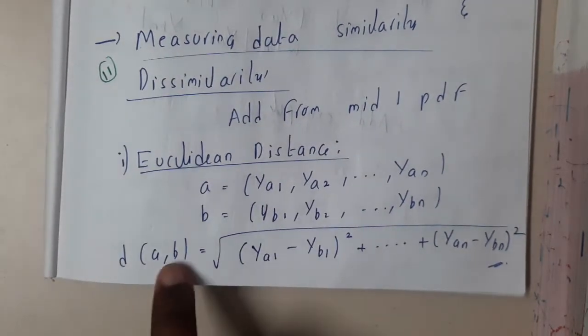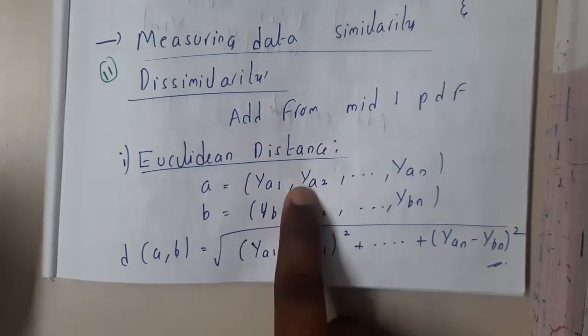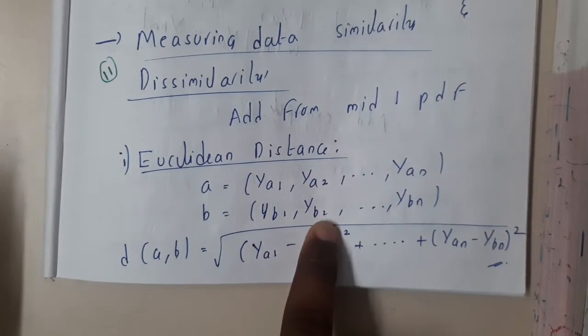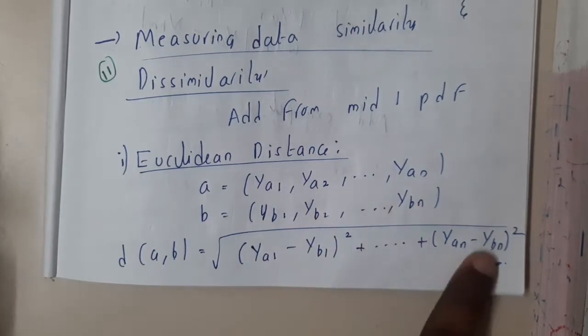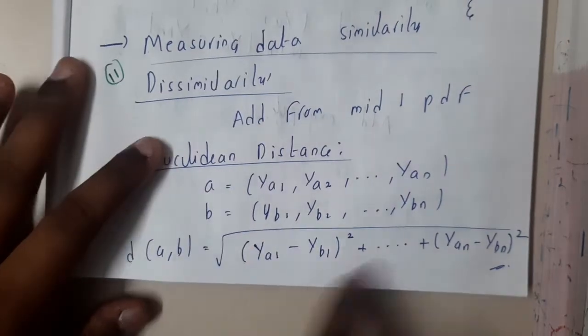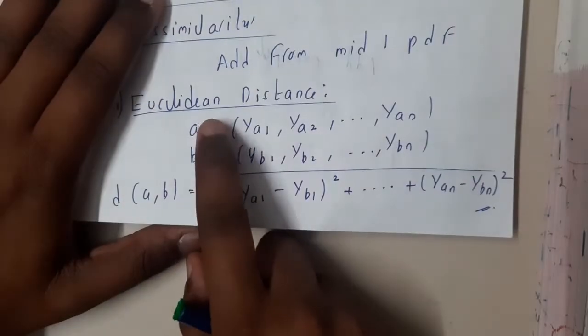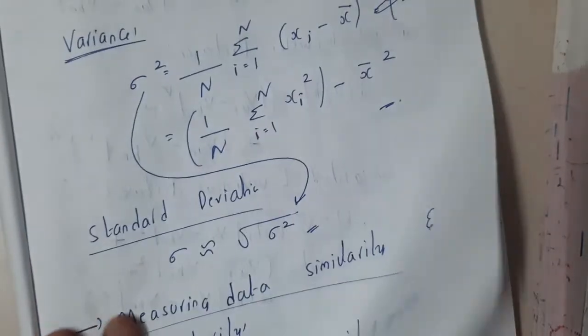So the distance of a comma b is ya1 minus yb1 whole square plus ya2 minus yb2 whole square, like that, and so on up to yan minus ybn whole square. This distance is the Euclidean distance between the points A and B, guys. I hope it's clear. So let us continue.